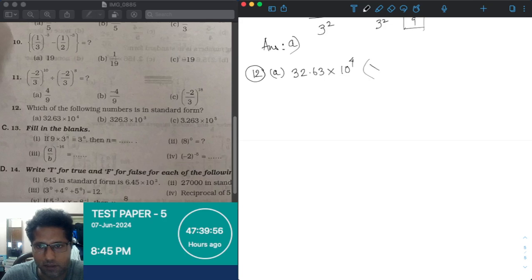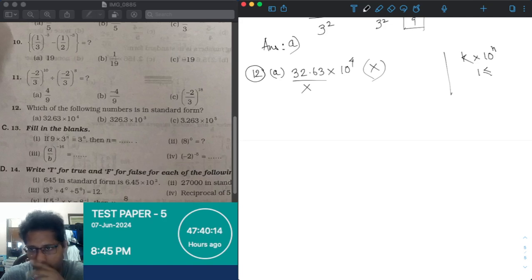This is not in standard form because this is wrong. As we know, the standard form of a large number is in the form k multiplied by 10 to the power n, where n is a positive integer but k is greater than or equal to 1 but less than 10. K must be less than 10 and greater than or equal to 1. So A is not in standard form because k over here is greater than 10.